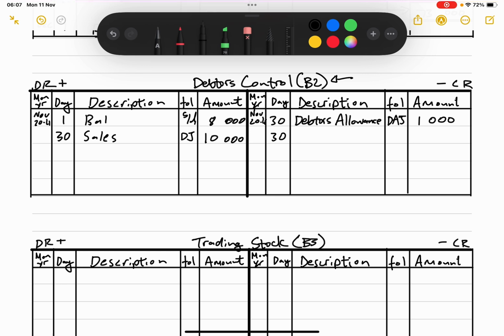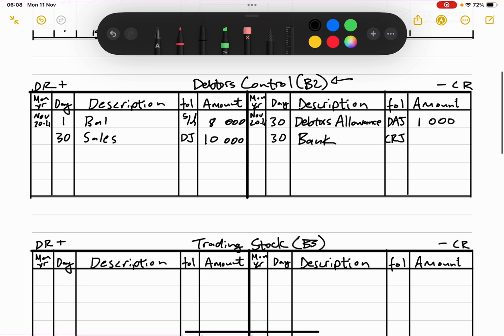So in our cash receipts journal, we would have received money from people paying us back, and bank would be our contra account to that.